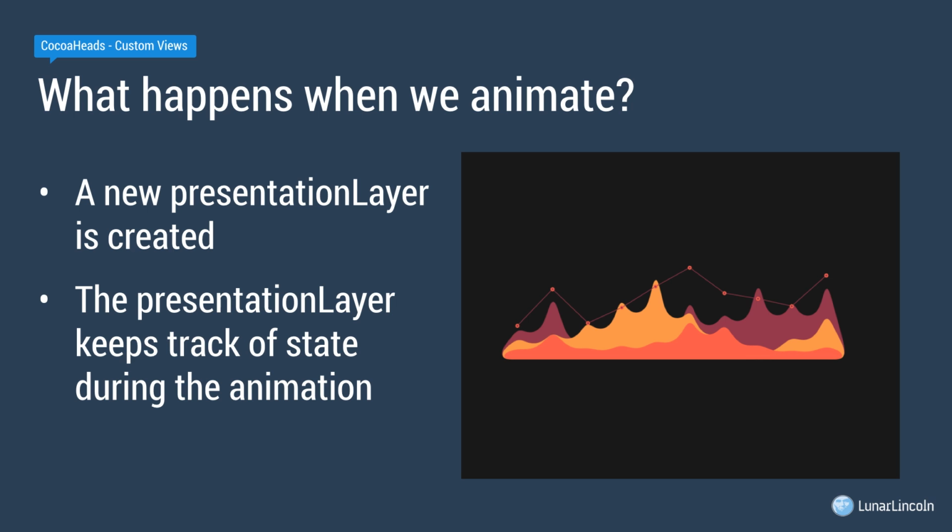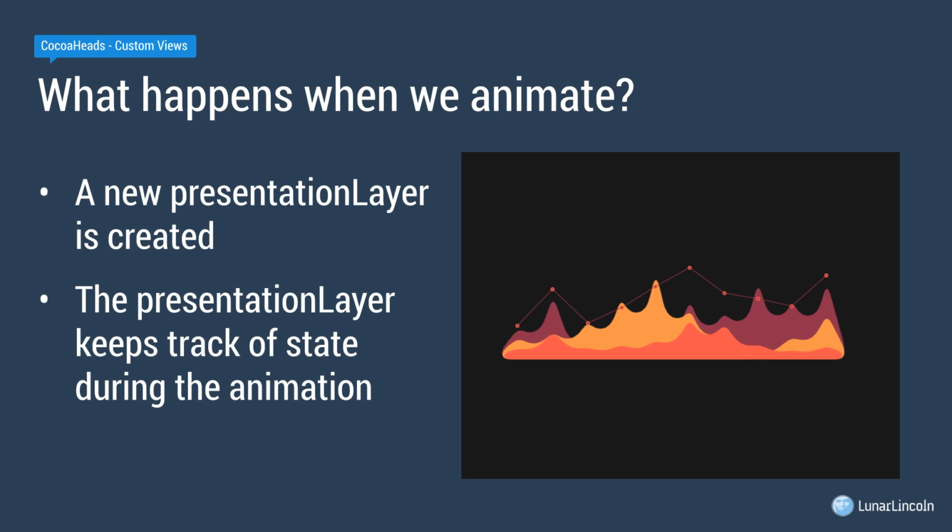So what happens when we animate? This gets kind of interesting. So in iOS, you've got your main view that backs your layer, but while it's animating, you actually get a new layer on that view called your presentation layer. And this exists during the animation. You can use it to grab values out. So if you're halfway through an animation and you want to start it animating to somewhere else, like based on that current point, you use your presentation layer to pull out your current value that you're at to work with that.